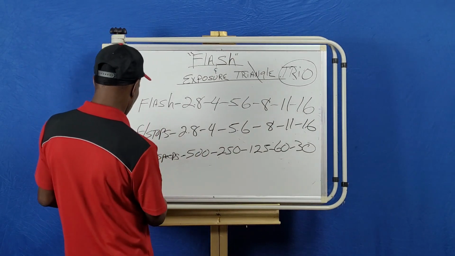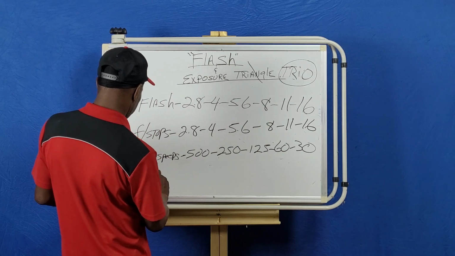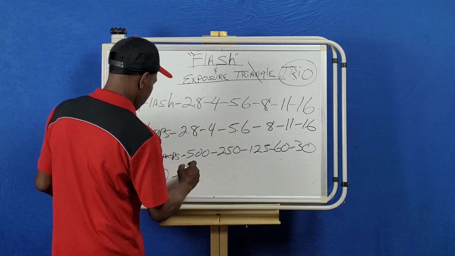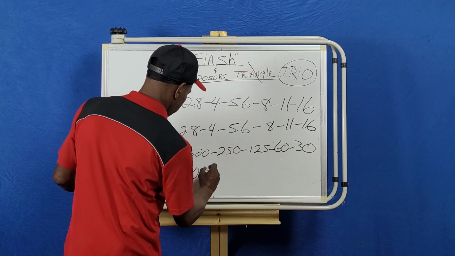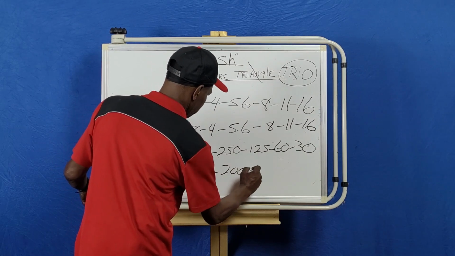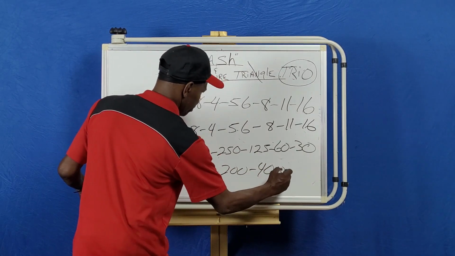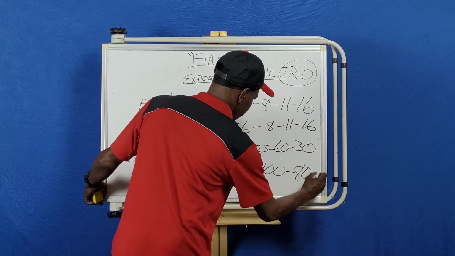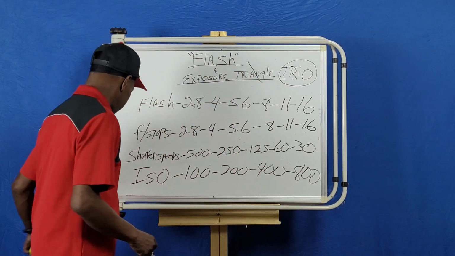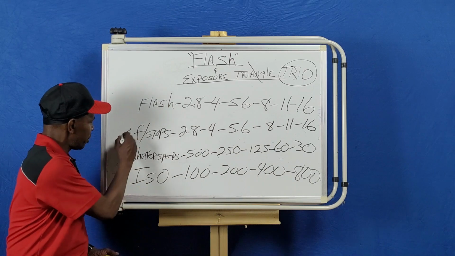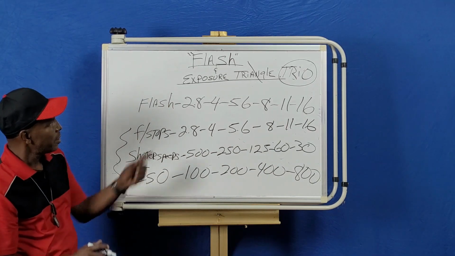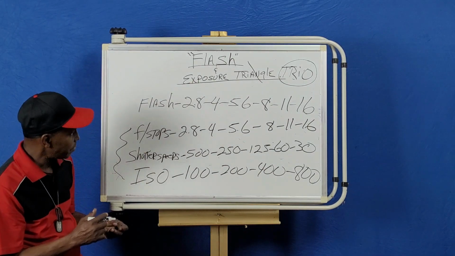And so then we have our ISOs. I'm going to start at 100, 200, 400, 800. Now, these three make up your exposure triangle.